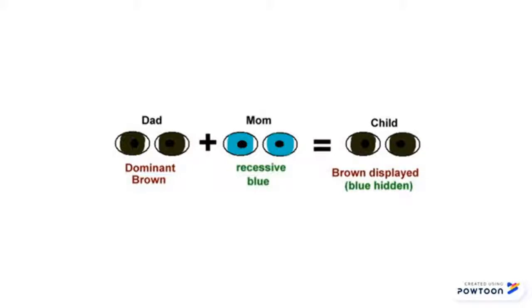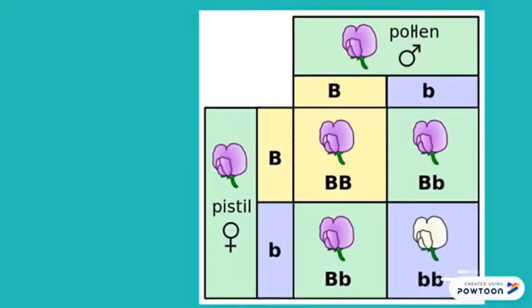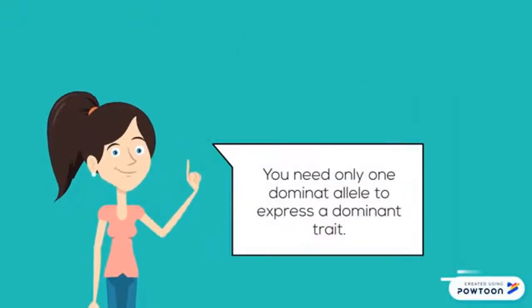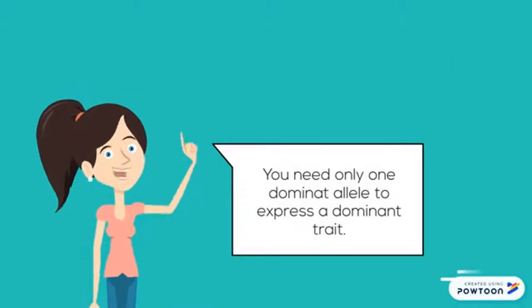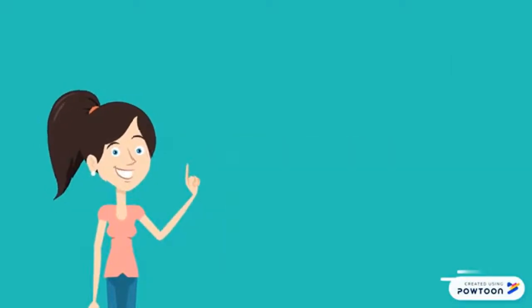In simpler words, the dominant gene will dominate over the weaker one. You need only one dominant allele to express a dominant trait. You need two recessive alleles to show a recessive form of a trait.